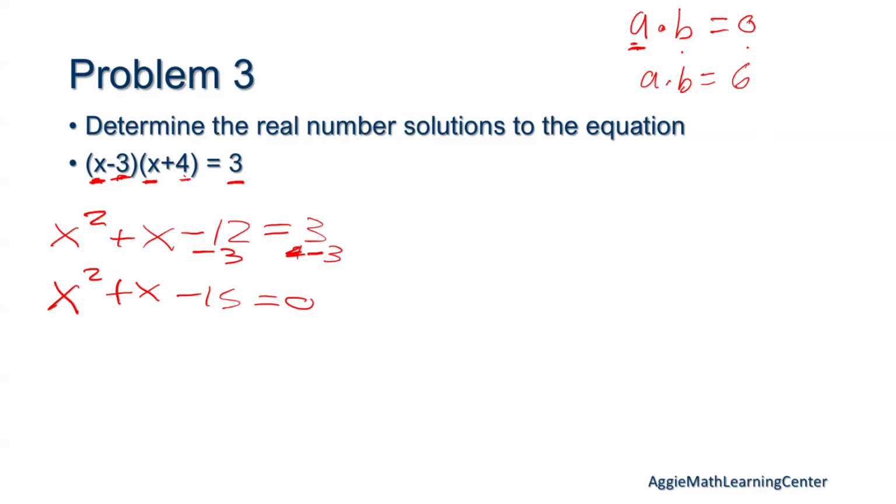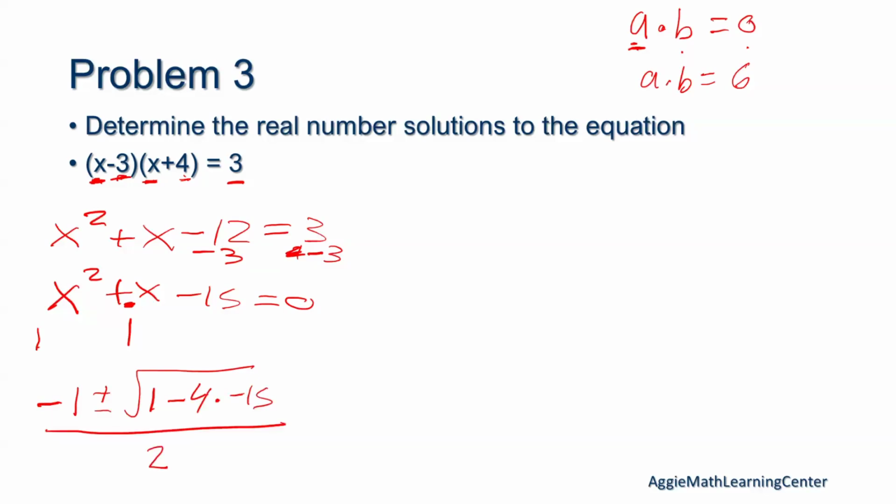I don't think there is anything, so we can just use the quadratic formula. So our b here is 1, a is also 1, and c is -15. So we have -1 plus or minus the square root of 1 squared, which is just 1, minus 4 times 1, which is still 4, times -15, over 2 times 1, which is 2.